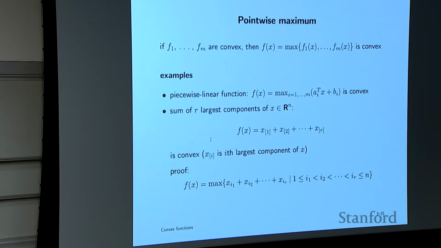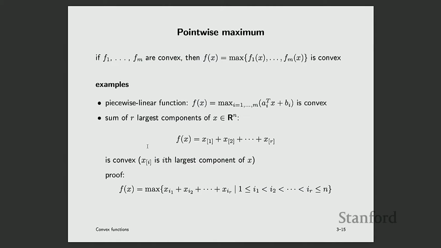Okay, so these are relatively simple. Then we get to the so-called pointwise maximum. The maximum of a bunch of functions is defined pointwise. Just to convince you that this preserves convexity, I'll draw a picture. It's not too hard to actually show it.